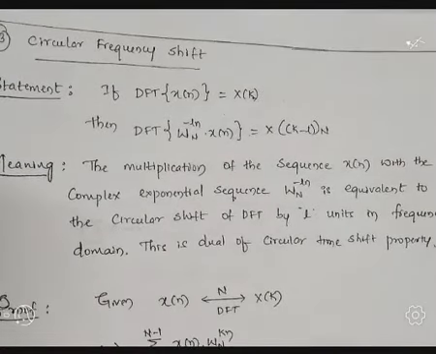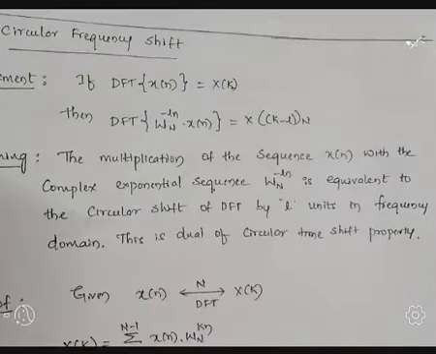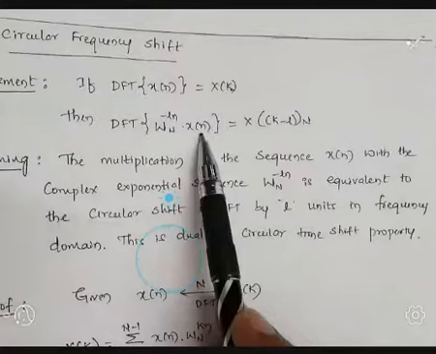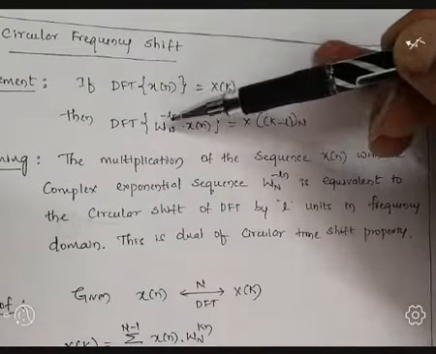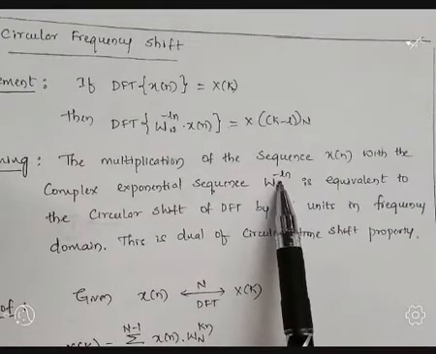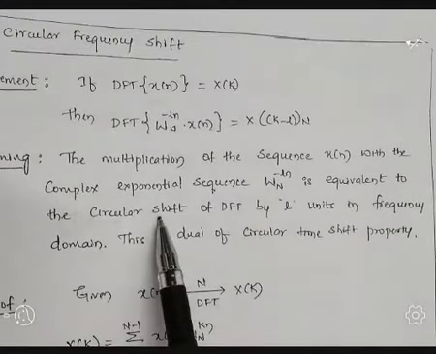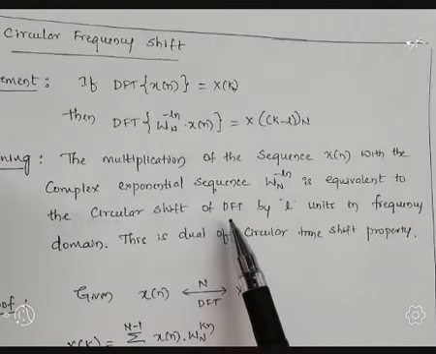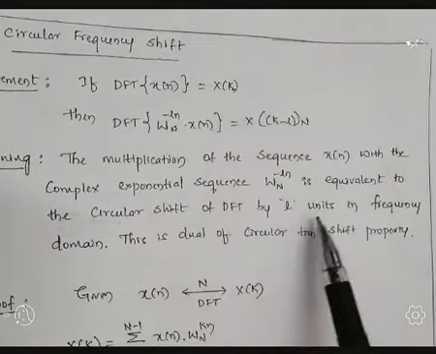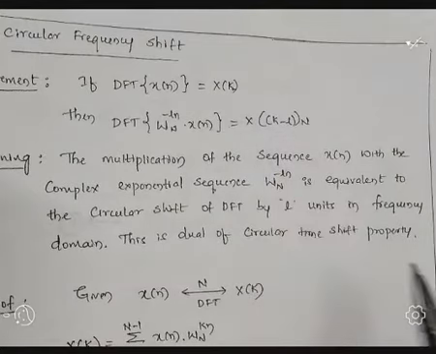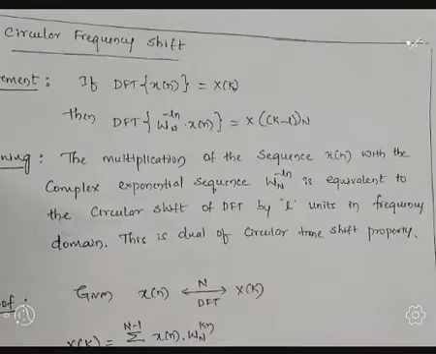The meaning of this property: the multiplication of the sequence x of n with the complex exponential sequence Wn to the power minus ln is equivalent to the circular shift of the DFT X of k by l units in the frequency domain. So this is the dual of the circular time shift property.